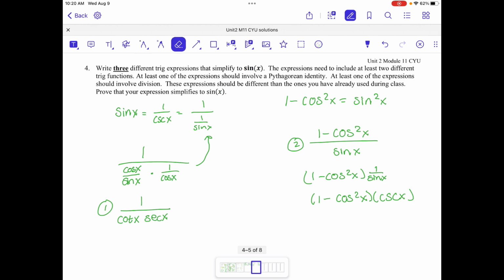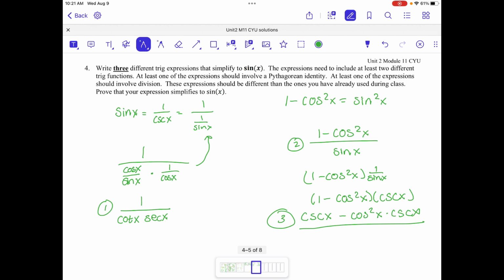So I have cosecant x minus cosine squared x times cosecant x. And this also would simplify down to sine. And you'll notice my simplification is just working backwards. I started where I wanted to end up, and I kept making it more and more complicated as I worked my way down the page.